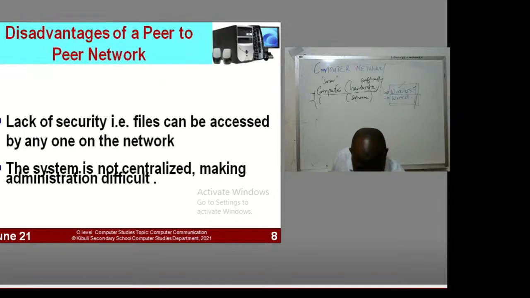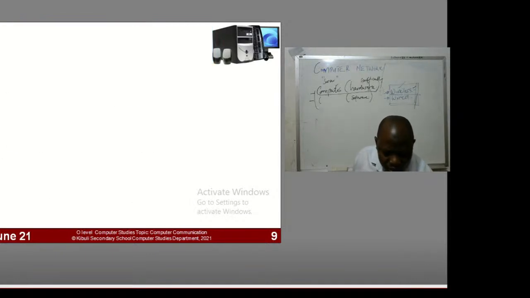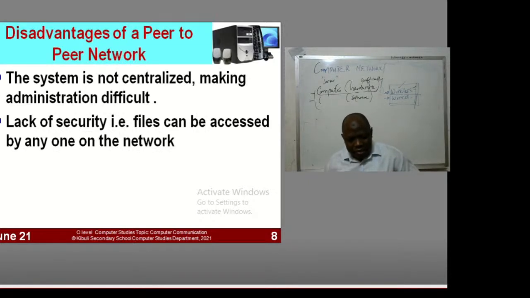But then, again, it has disadvantages. Peer-to-peer has disadvantages, and we look at some of them. One, the system is not centralized, making administration of the computers difficult, because we may have more computers connected, clients. You see that when you come in as clients in the school, we have to put school rules in order to manage you.